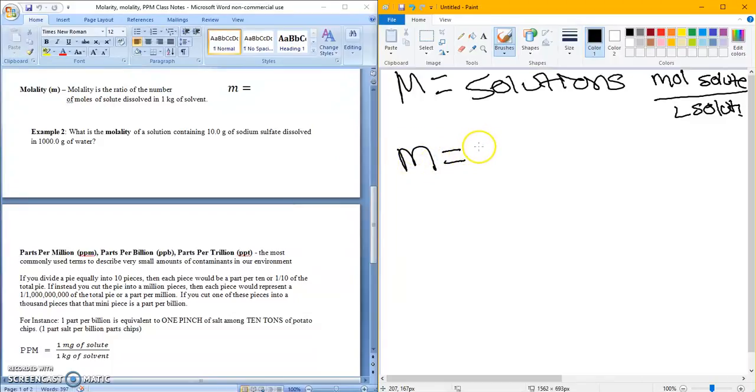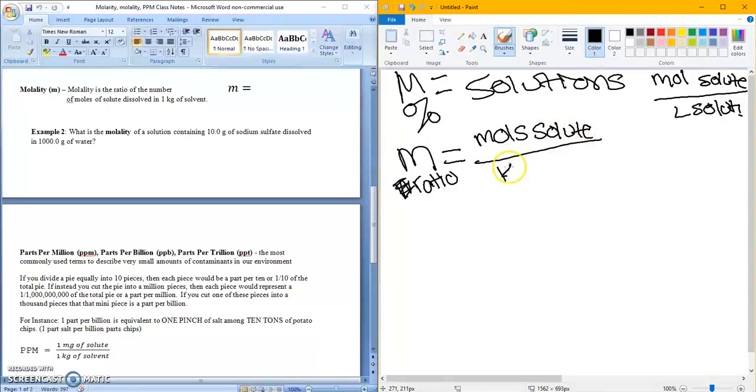Okay, so molality is a ratio. Molarity is a percentage. Molality is a ratio. And it's saying how many moles of solute there are compared to kilograms of solvent. Molarity percentage, molality ratio. Alright.